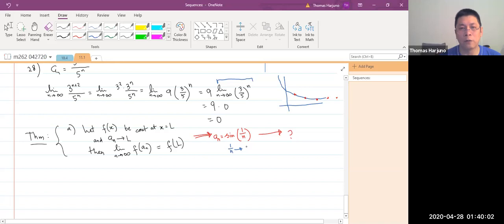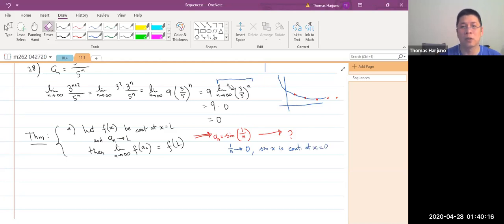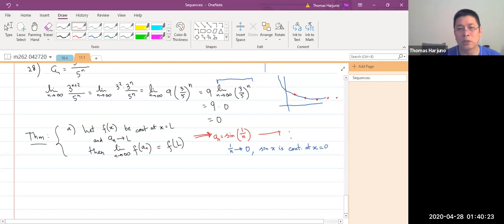One over n converges to 0, right? And sine x is continuous at x equals 0. Is that right? So sine 1 over n will converge to sine 0, which is 0.